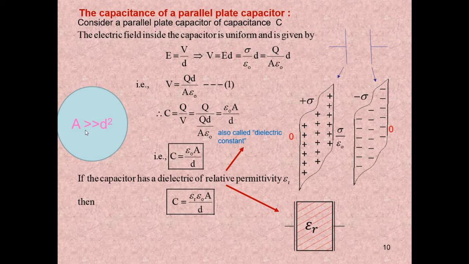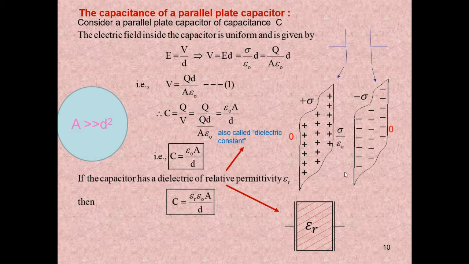This one was not there when I sent this picture to you. You can now add this: A very much greater than D square. Finish it, then I'll go to the next page. A is the area of the plates, D the distance between the plates.